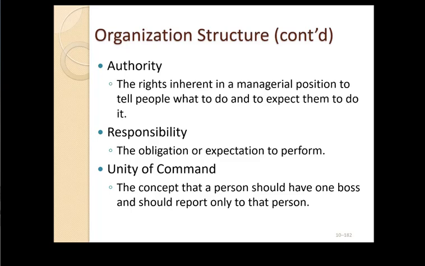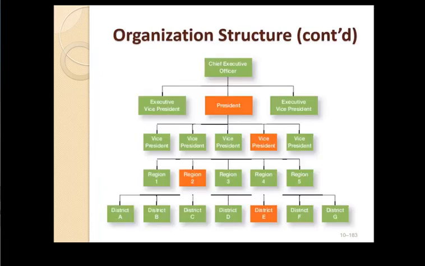Right. And one more thing you may need to pay attention to when you develop the chain of command is the unity of command. Unity of command is the concept that a person should have only one boss and should report only to that person. Right. You may see in this figure as an illustration, right?